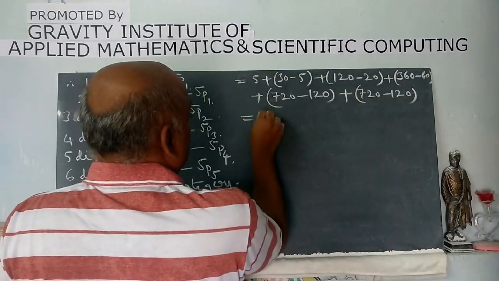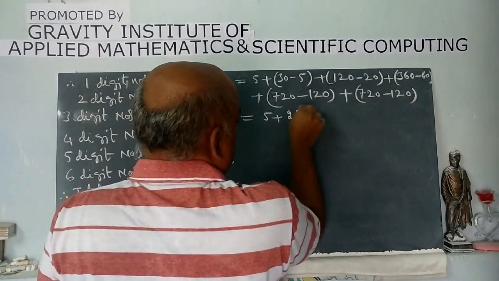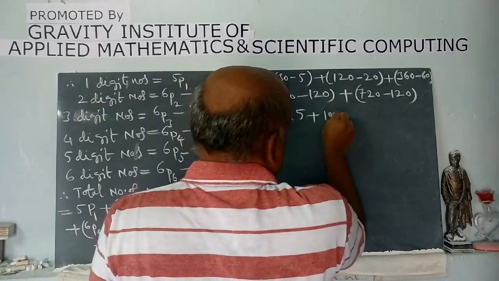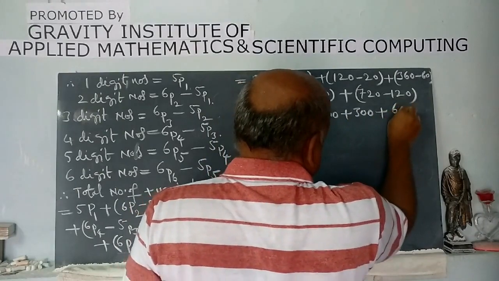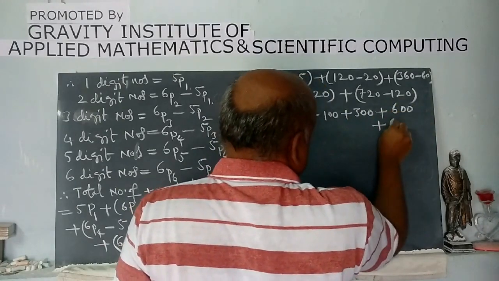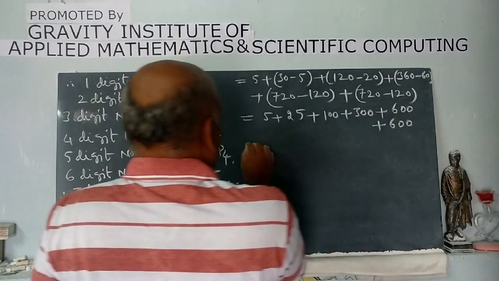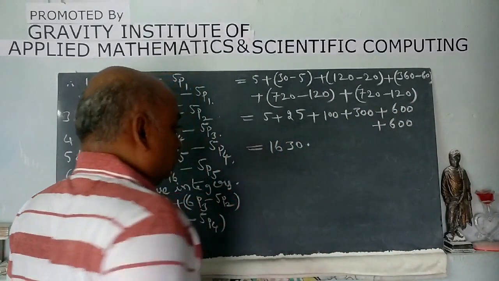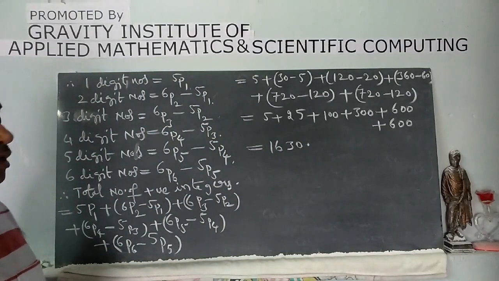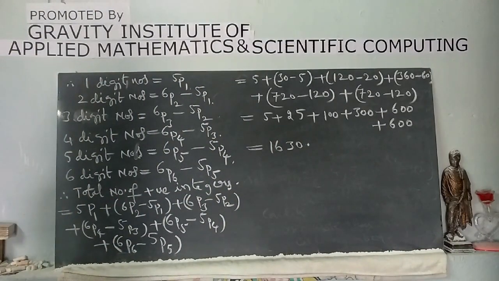So this is equal to 5 plus 25 plus 100 plus 300 plus 600 plus 600, which is equal to 1630. So we can form 1630 such positive integers.